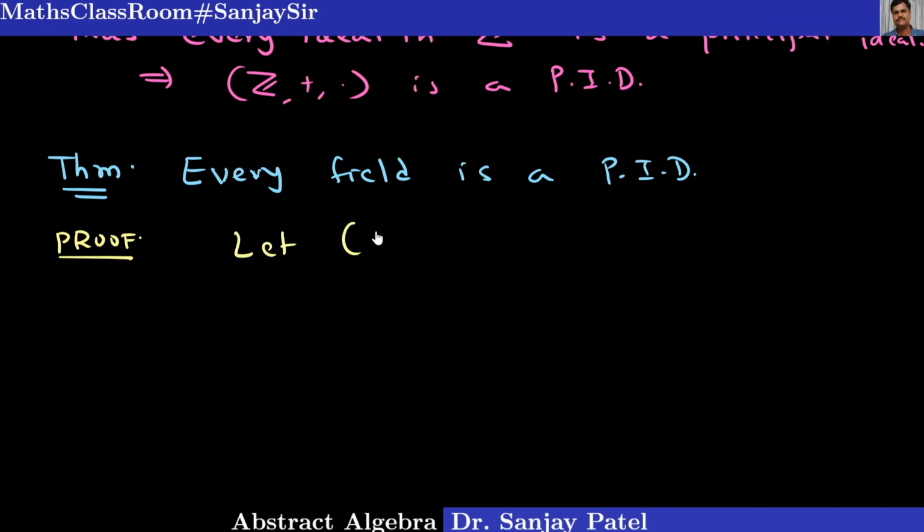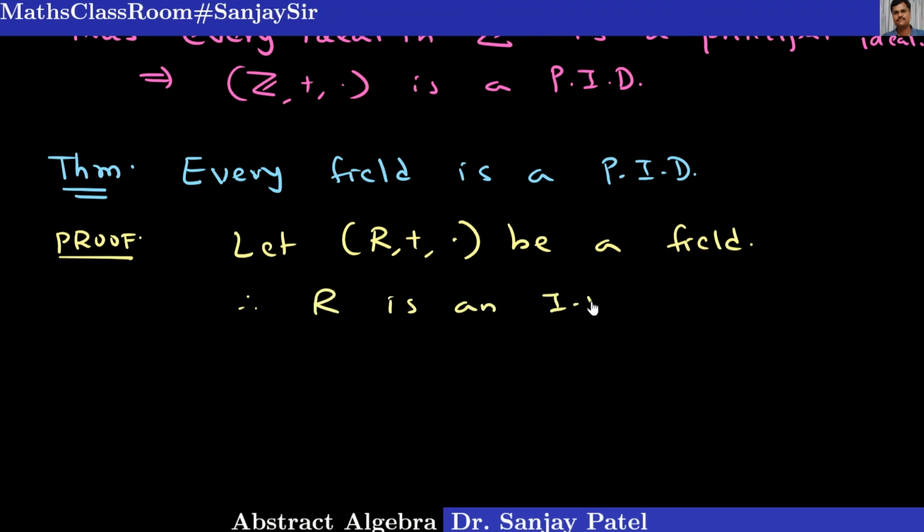Let R plus dot be a field. So it is clear that every field is an integral domain, we know. So R is an integral domain. And we know that a field has no proper ideals. This is an important result we have proved earlier.